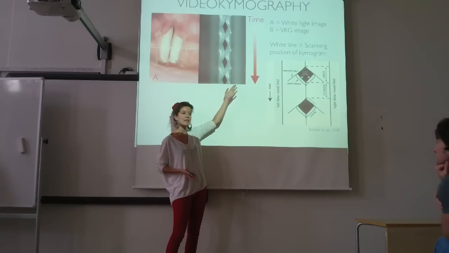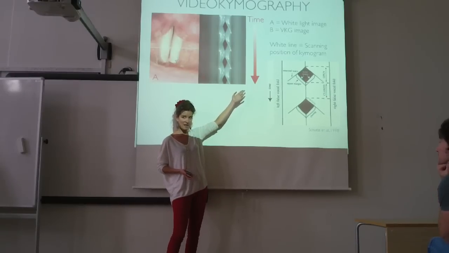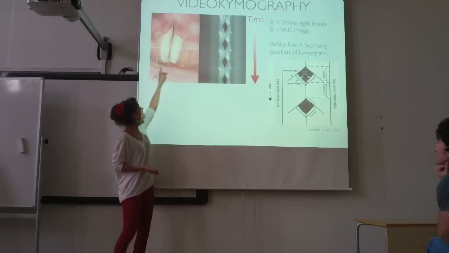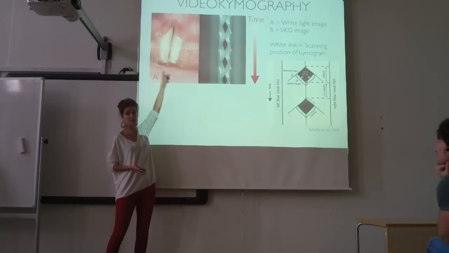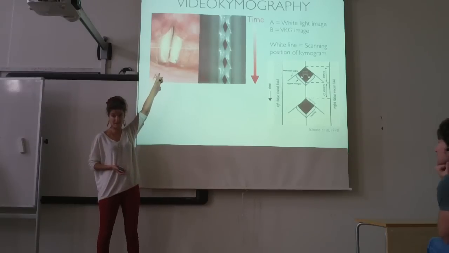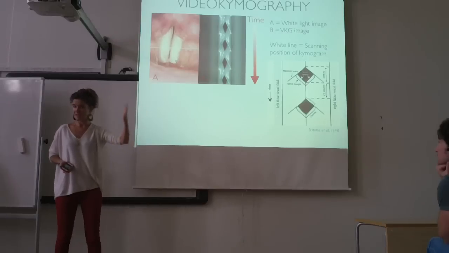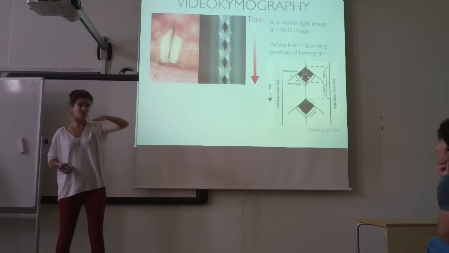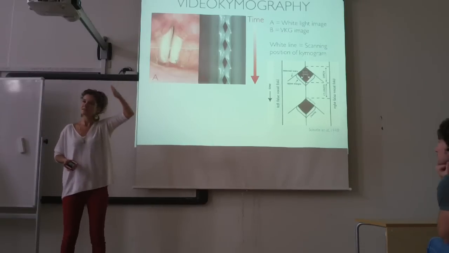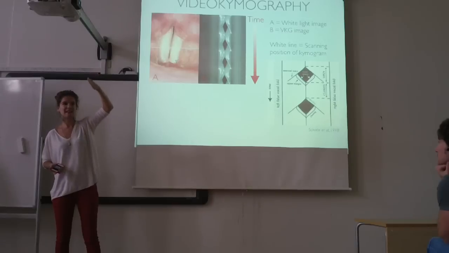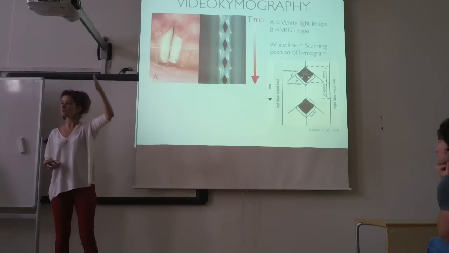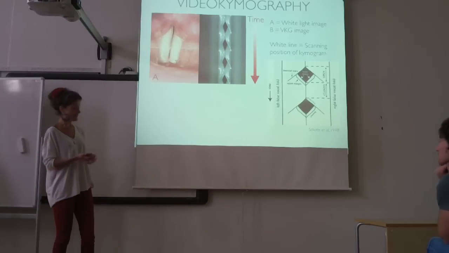So you can see the right side as being the timeline of what is happening at the level of the white line on the left side. Only there. And this line can be repositioned during the examination. So we made long notes, and the professor repositioned the line anteriorly, in the middle, posteriorly, so we could see what was happening.